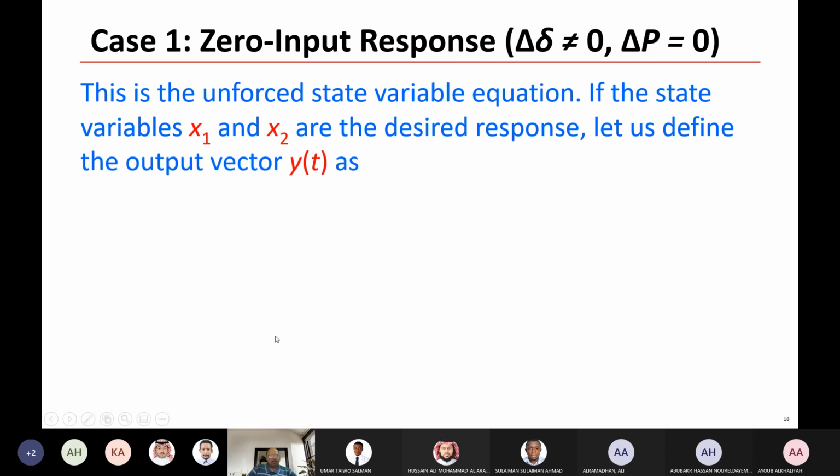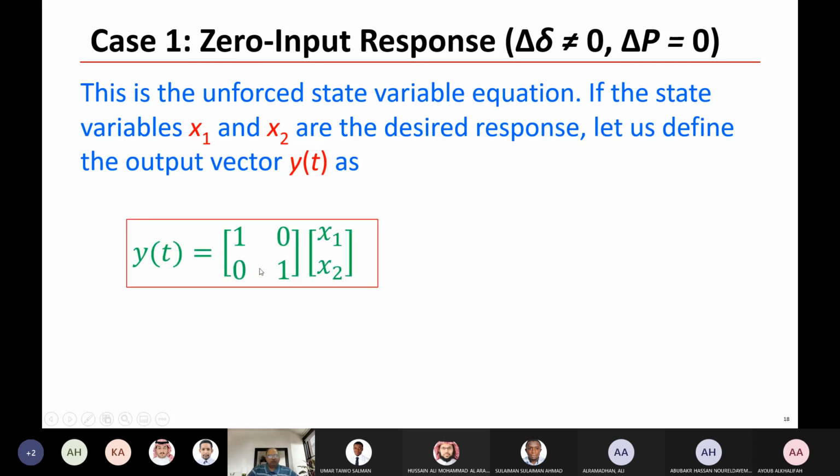This is the unforced state variable equation. If the state variables x1 and x2 are the desired response, if you want to observe x1 and x2, you can define this as your output. So you can define y of t equal to x1 and x2.